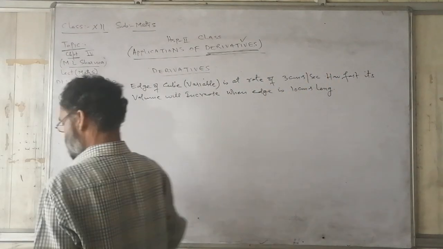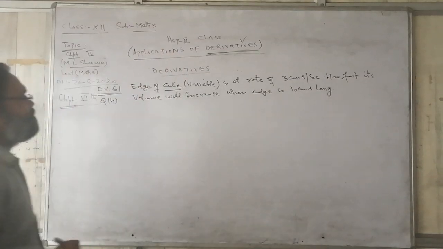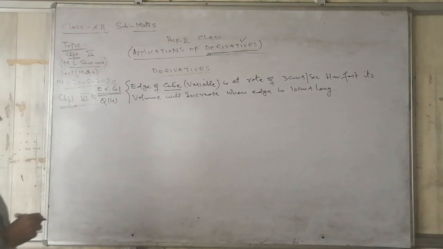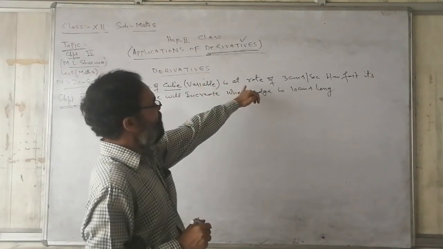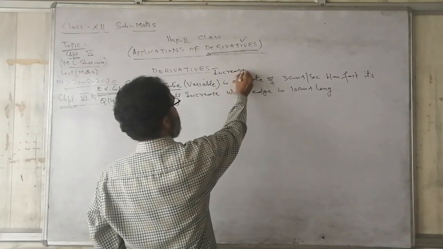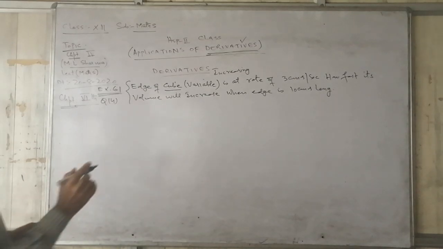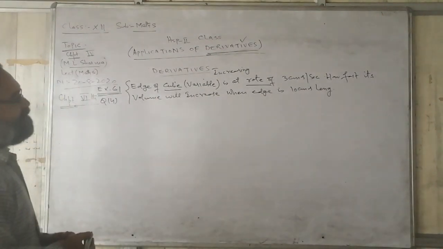So this is again a question of a cube figure. So we have to see what is given in the question and what we have to find. The edge of the cube is increasing. There is a cube and its edge is increasing, and its rate is 3 centimeter per second.